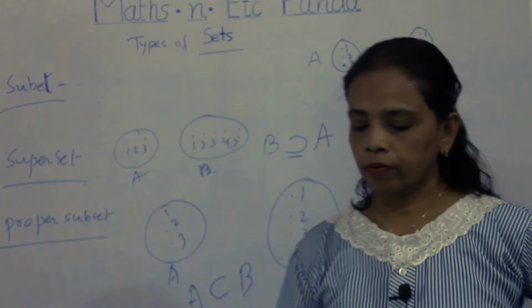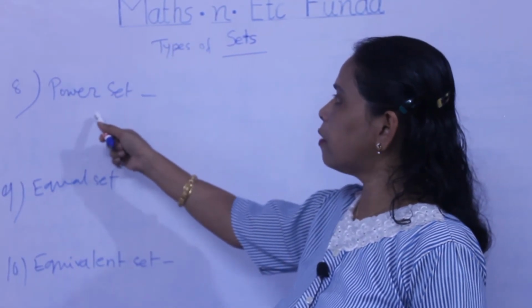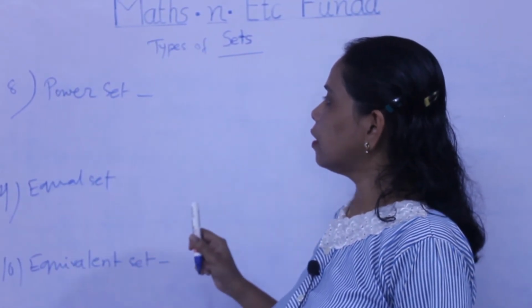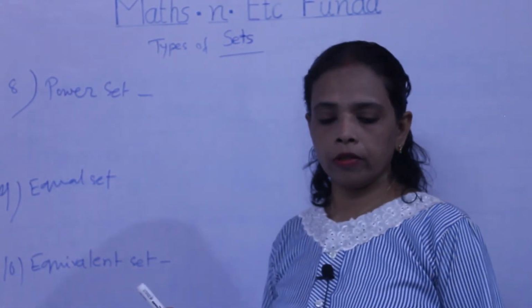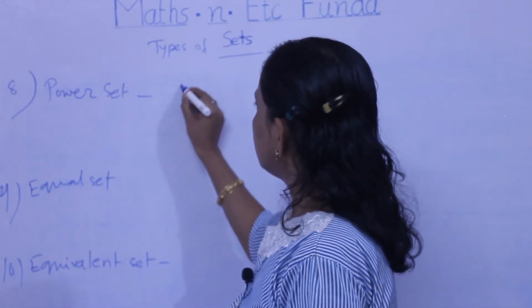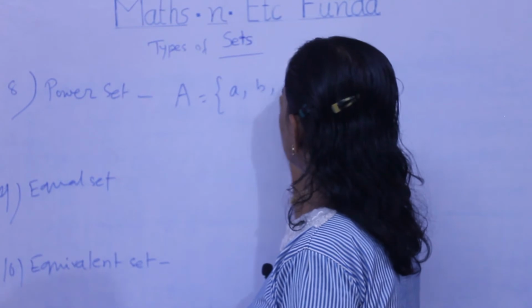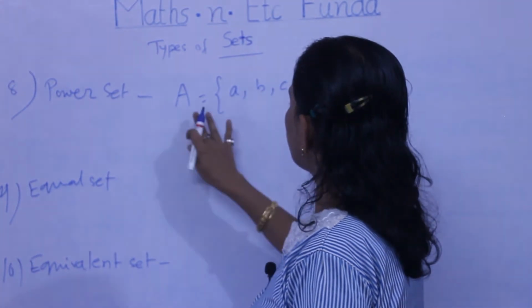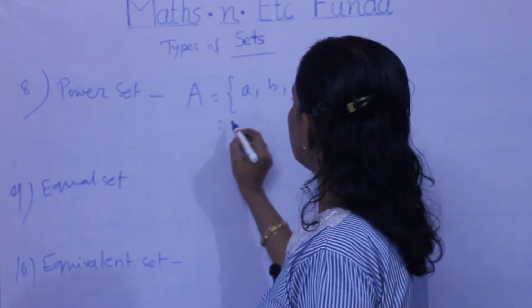Now I am discussing the power set. What is power set? The set of all subsets of a set is called the power set. Suppose A is a set like this: A, B, C. We have to make subsets of this set. So what are the subsets?